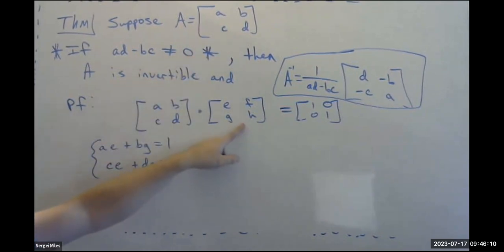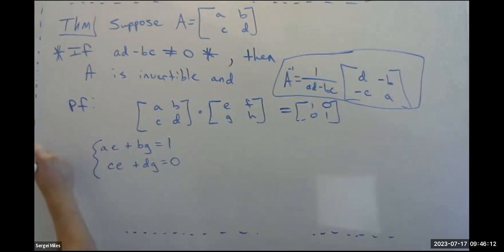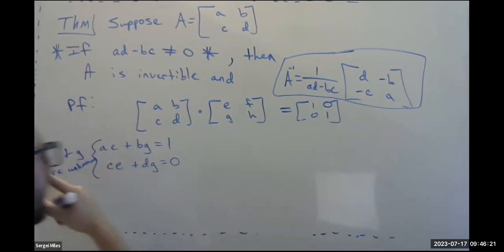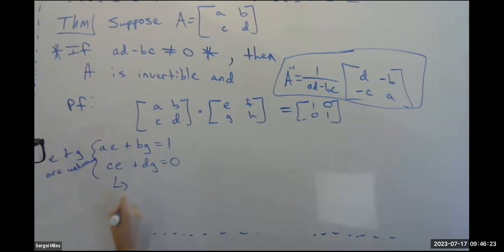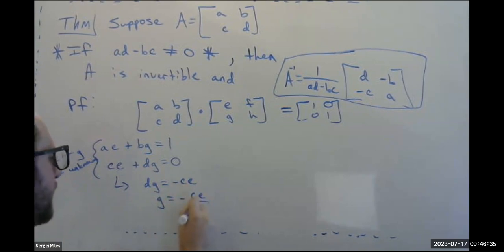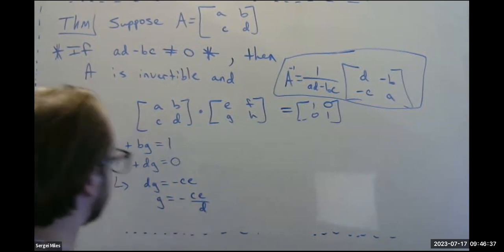It's the E, F, G, H, which are unknown, right? E and G are unknown. So I'm going to take the second equation and solve for G. So I'll have a negative CE divided by D. I get G equals negative CE divided by D.